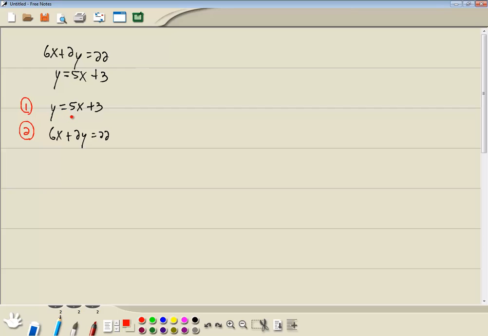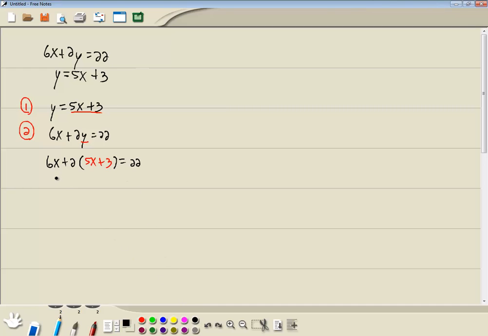Now here we got y is equal to 5x plus 3. We said y is equal to 5x plus 3, so we're going to replace the y here with 5x plus 3. So we got 6x plus 2 times (5x plus 3) equals 22.